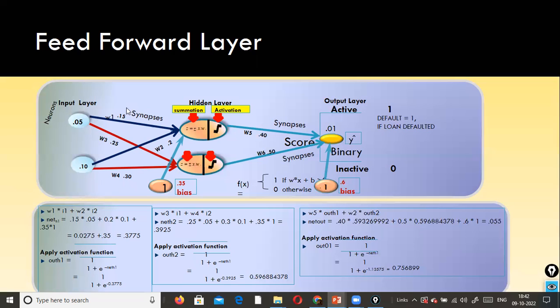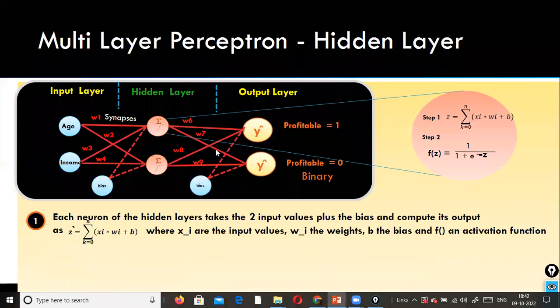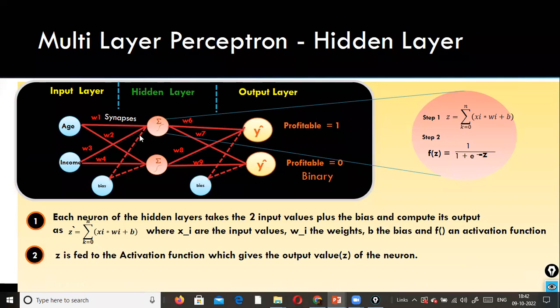So now we will take a look at how this works. As I explained in yesterday's session, each neuron in the hidden layer takes the two inputs. So it takes the two input values plus the bias and computes its output as this.